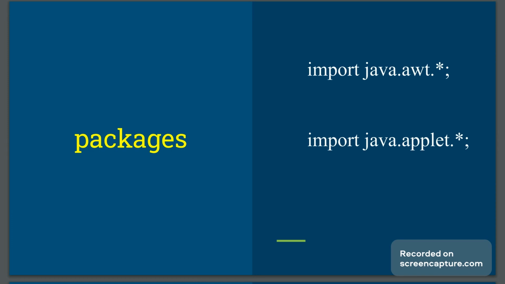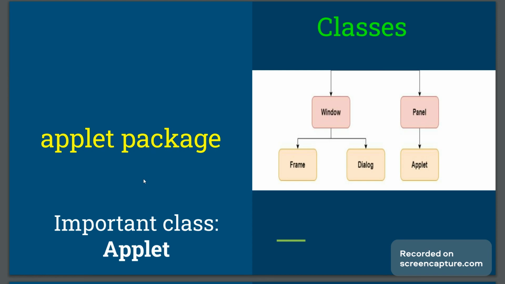For running an applet, we need to import two packages. First one is java.awt, that is abstract window toolkit, and second one is the java.applet package. Now this AWT package and this applet package have n number of classes.